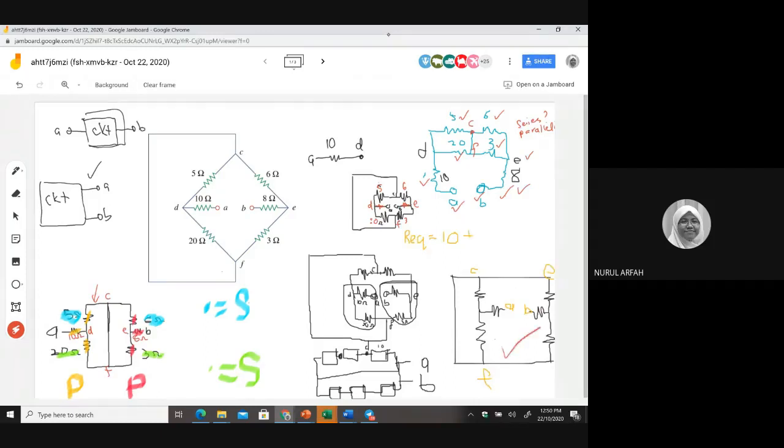Okay, this one, yes, correct. But I think you just redraw, but you didn't simplify it. If you can build up equation, then I do think that you do understand this. Okay. Build up equation here.